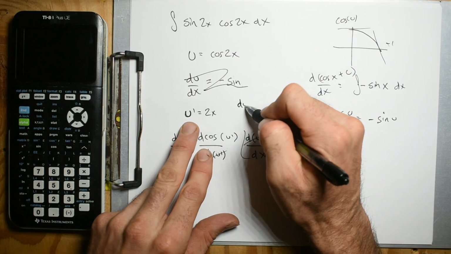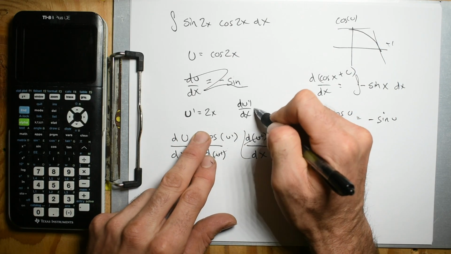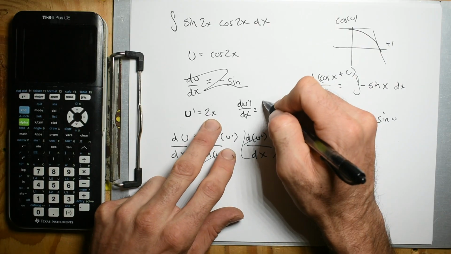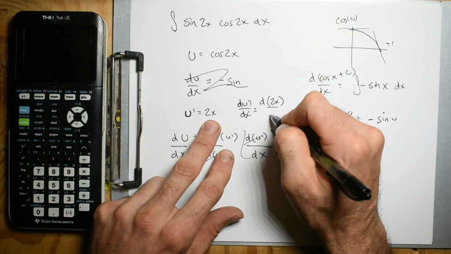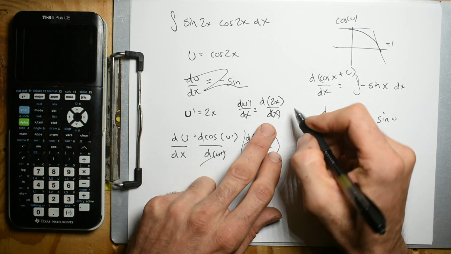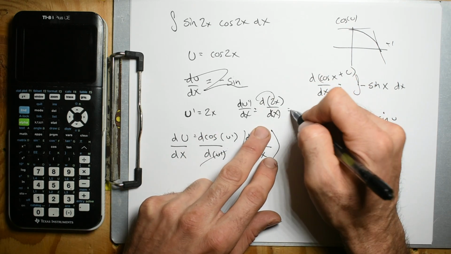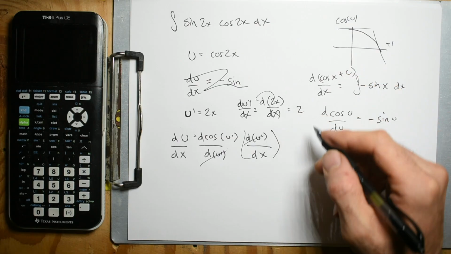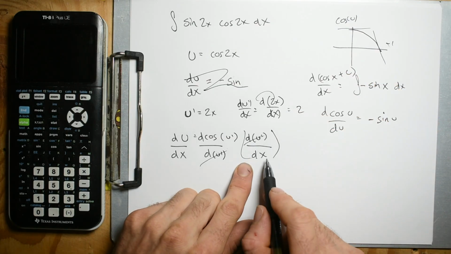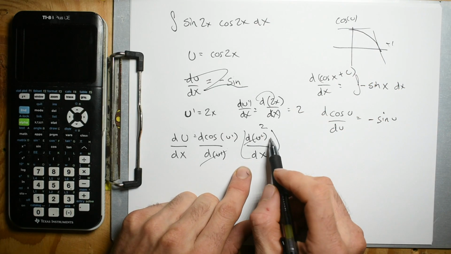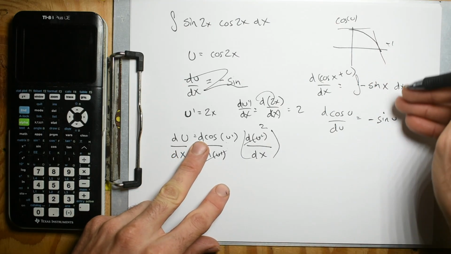So we're going to take the derivative of u prime with respect to x. Let's put that in the parentheses. The derivative of 2x with respect to x. Break out the 2, it's just 2. We've done that one before in this video. So this value is 2. The derivative of cosine, we know what that is. That's negative sine.